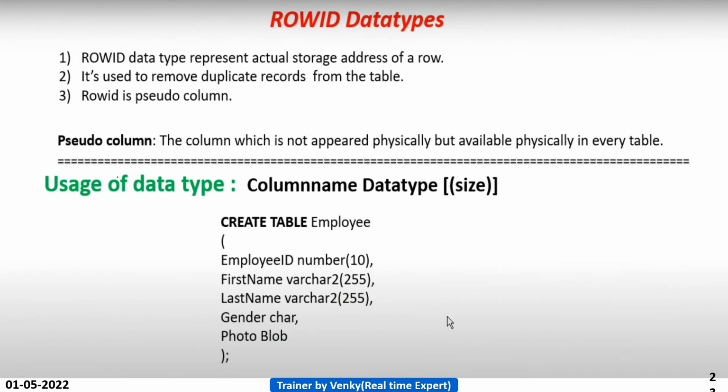Okay. Next, the rowid data type. It's very important, guys. We use the rowid data type everywhere. The rowid data type represents the actual address of the row.